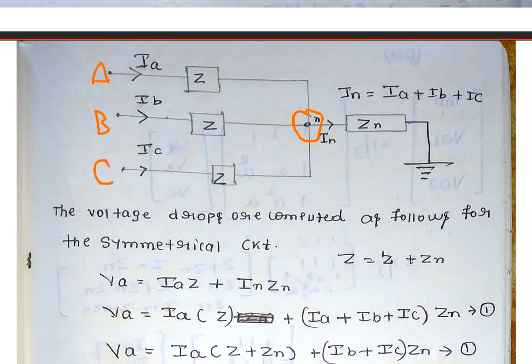If it is unsymmetrical, it is a different scenario. Now from here to here, what is the impedance for phase A?